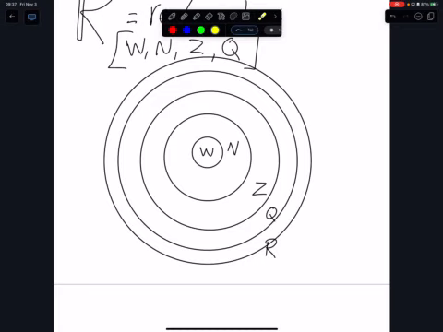But if I have an integer, for example, -8, -8 only belongs to the integers, rational numbers, and the real numbers. It does not belong in these two.